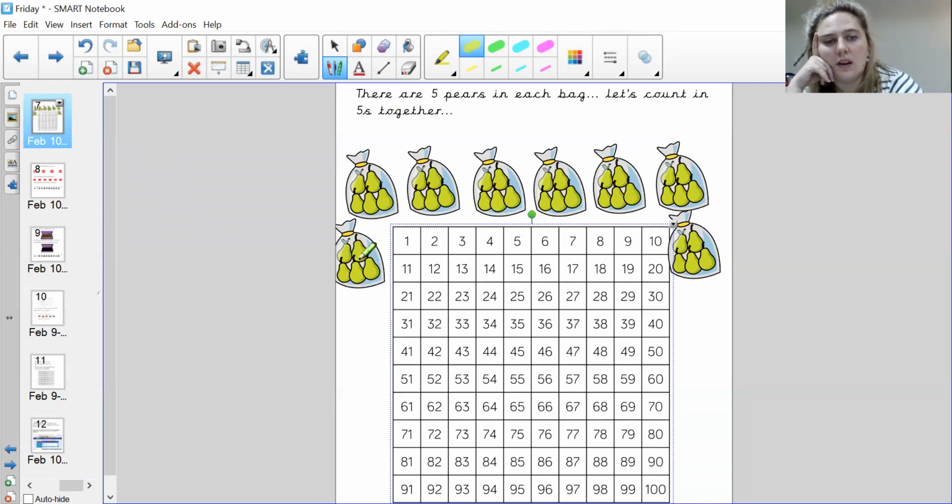I'm going to put a little dot on them when we've counted them. 5. What comes next? Good. 10. 15. Well done. What's next? 20. What's next? 25.